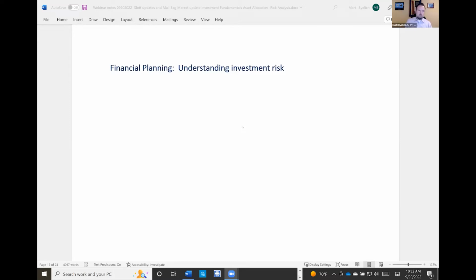So when I'm referencing a mutual fund or a stock position, and I'm going to do that today, any references are not recommendations, they're just examples. But when I'm doing that, I typically like to find resources that you can access. When I'm looking at definitions, I like to use Investopedia, which anybody can access. When I'm looking up ticker symbols and showing you, I like to use MarketWatch, which anybody can access, right?